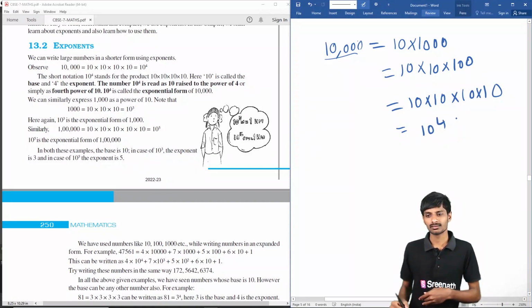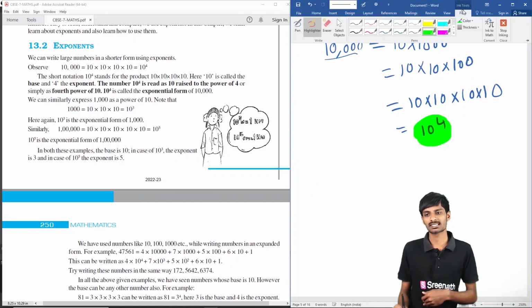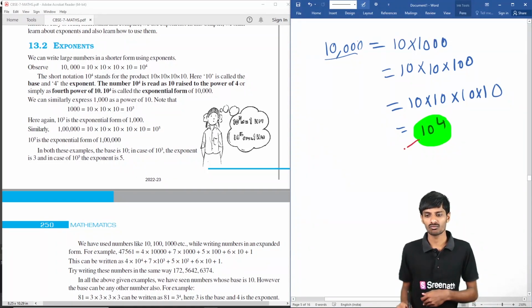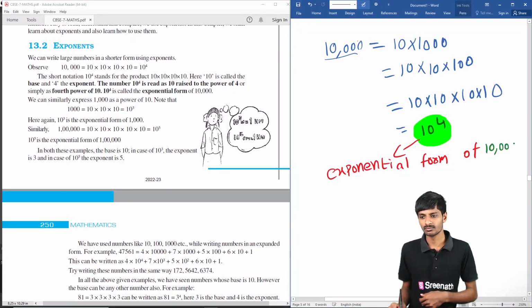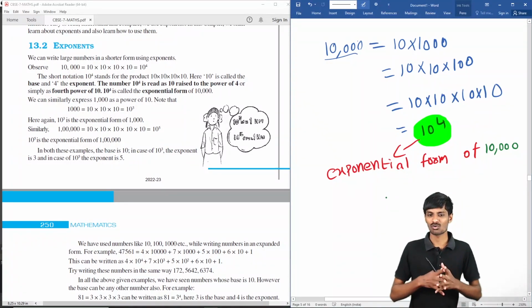So here this 10 power 4 is called the exponential form. Exponential form of 10,000. So 10 power 4 is the exponential form of 10,000, students.